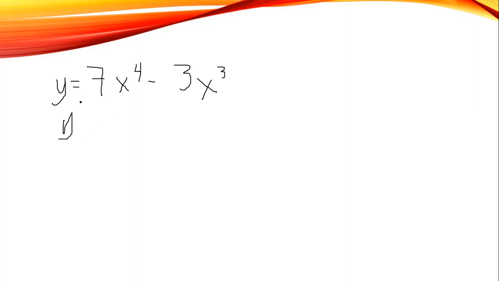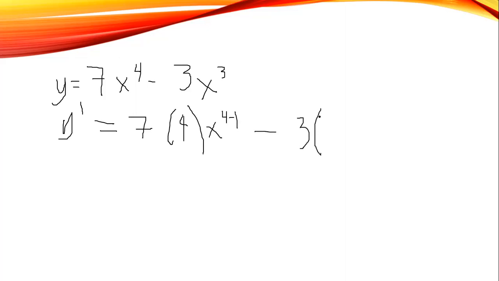So we have y prime is equal to 7 times 4 x raised to 4 minus 1 minus 3 multiplied by 3 x raised to 3 minus 1.